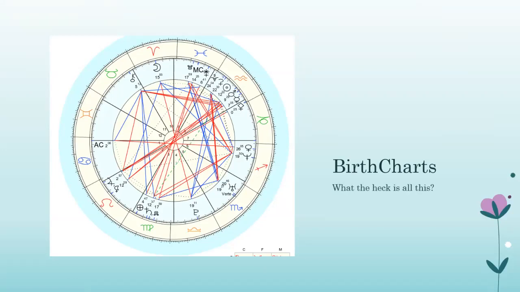Let's see something else I can show you on here, just to give you a good insight on what kind of things you can quickly see in this chart. So let's see. Okay, so Venus is in Sagittarius. Venus is your love language.